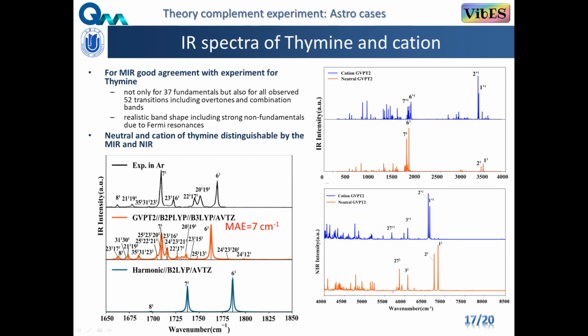So what we can say based on comparison of these computations is, first of all, that the spectra of neutral thymine and its cation are pretty different. So if we want, we can distinguish between these 2 species, and it is not only in the mid-infrared, but also in the near-infrared.